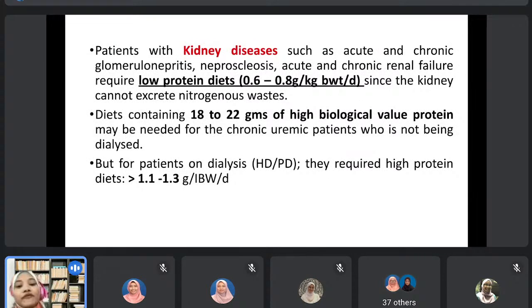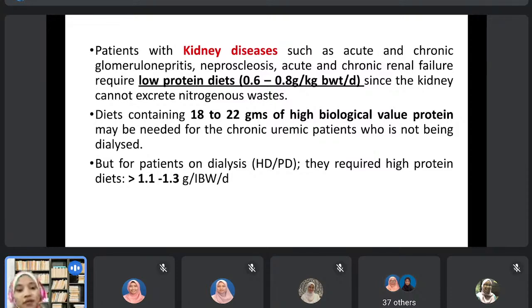So how about patients with kidney disease such as acute and chronic glomerulonephritis, nephrosclerosis, acute and chronic renal failure, which require low protein, between 0.6 to 0.8, because the kidney cannot excrete the nitrogenous waste.